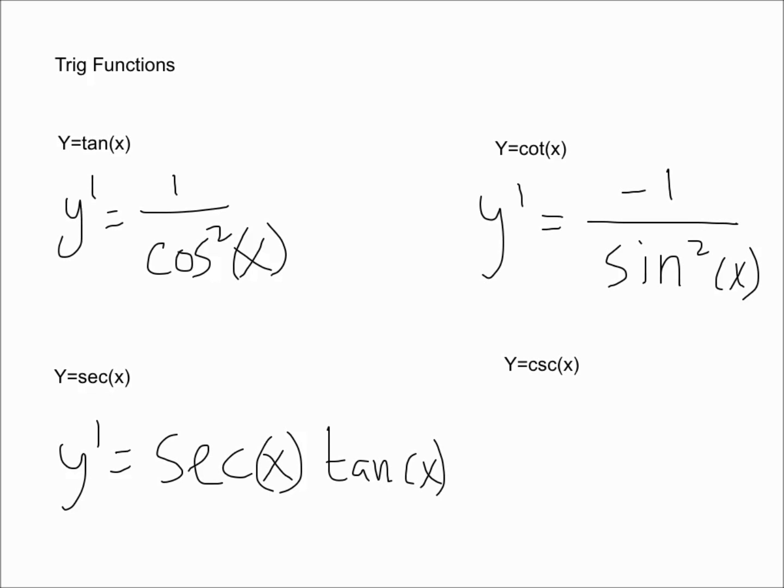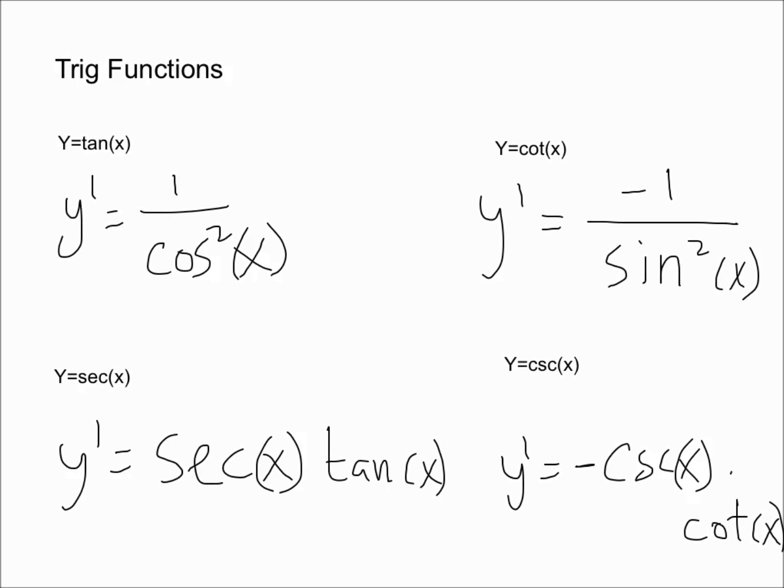And finally, for the cosecant, y prime is equal to the negative cosecant of x times the cotangent of x. And by the way, just to clarify, x is equal to u. So if I write tan of u or tan of x, it just means the same thing. This is the function of x, f(x).